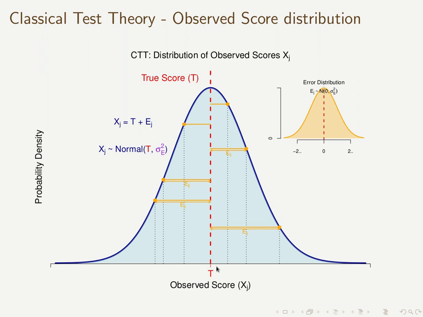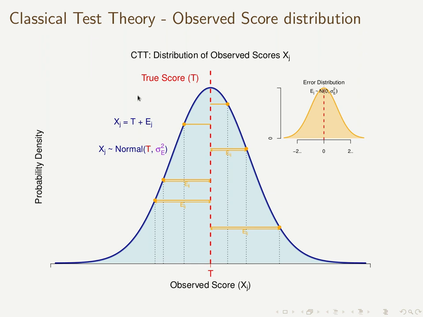And the idea is that on each particular parallel form of the test that they are taking, we are observing some error that is taken from this distribution right here, centered at 0, with some variance. So we extract some error term, and that is going to cause the values that I observe to sometimes end up overestimating a little bit or underestimating the true value that we have here.